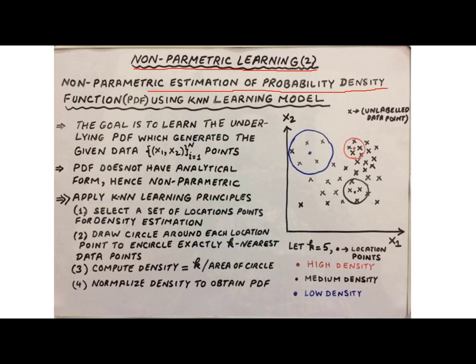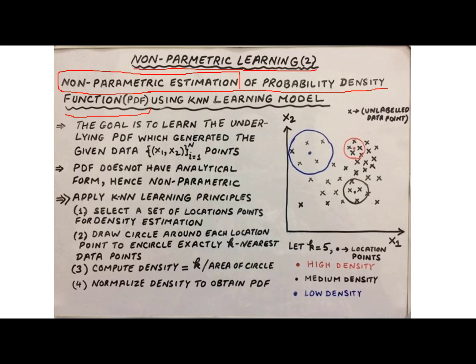If we have a probability density function which we don't wish to specify with the help of parameters, that becomes non-parametric estimation. Such a probability density function is non-analytical by nature, so we don't have any closed form expression.